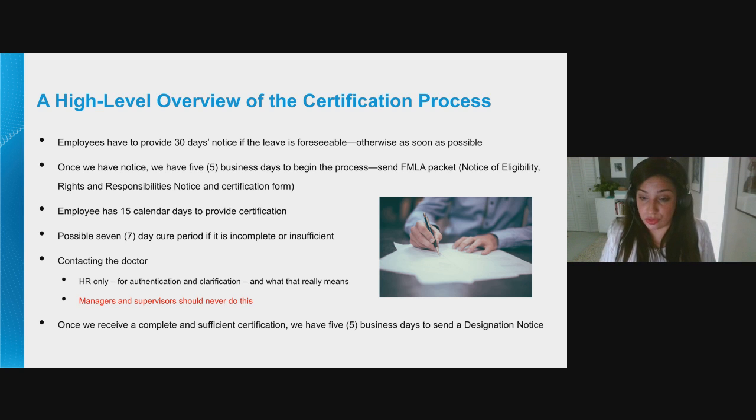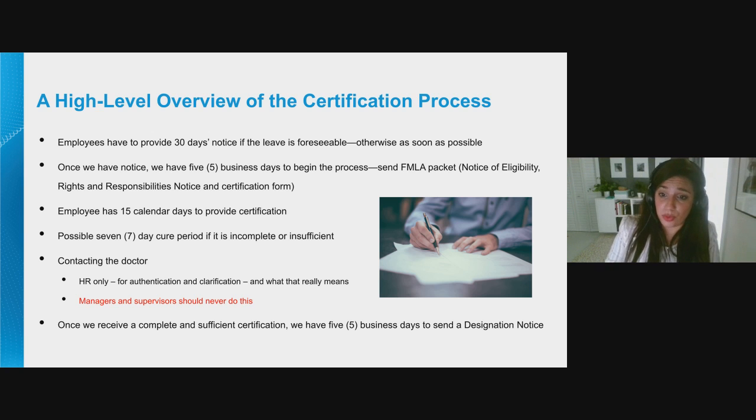Or I have a scheduled surgery to fix my knee in December. So if the employee knows, they should give 30 days notice. Otherwise, they give as much notice as they can under the circumstances. Sometimes that notice may be none because it may be an emergency. So do not be wedded to this 30-day period because it might not be possible under certain circumstances.